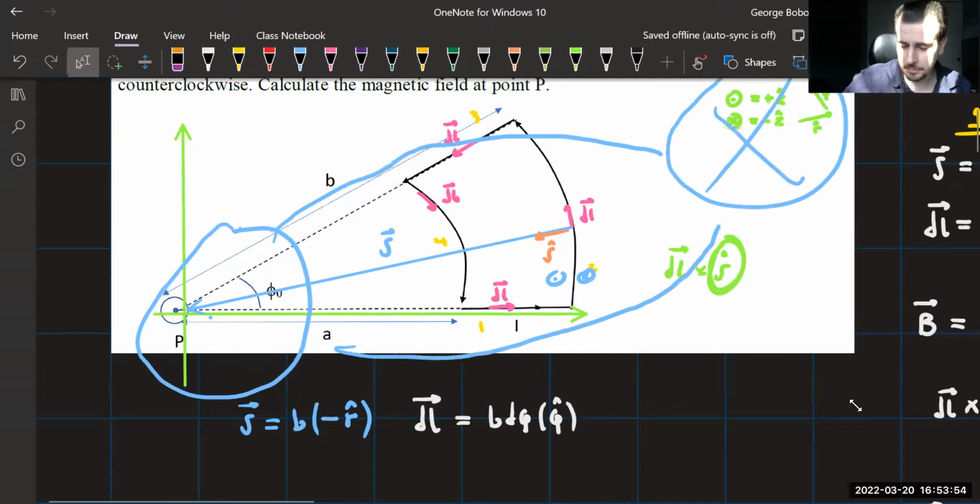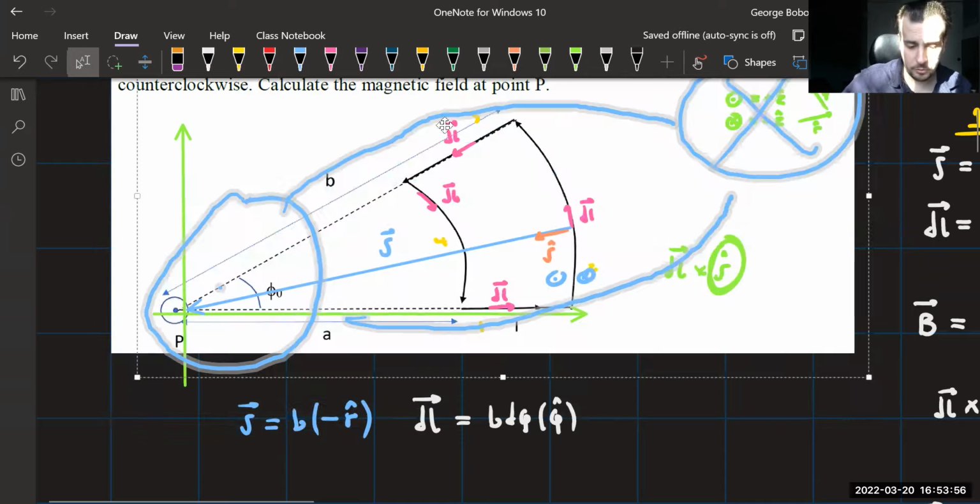Into the page or out of the page? I'm growing the ring. Which direction do you think is going to hit point P when the ring reaches all the way out to point P? Which one is it of the 2? Which one do you see on the image getting to point P?